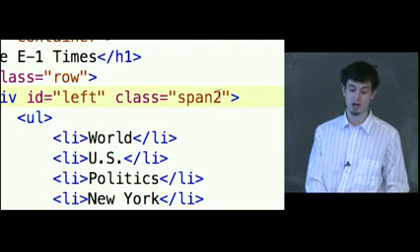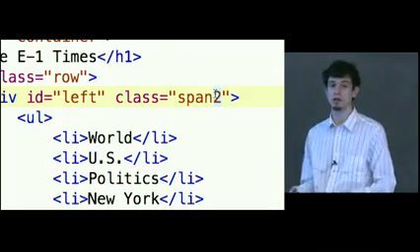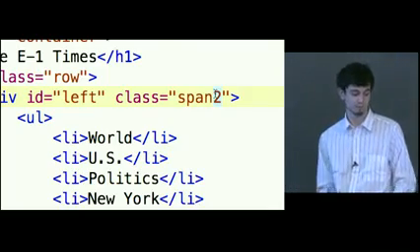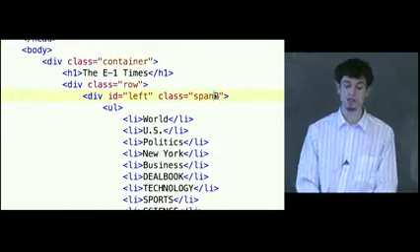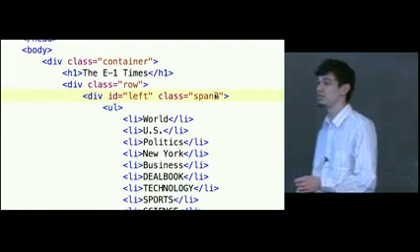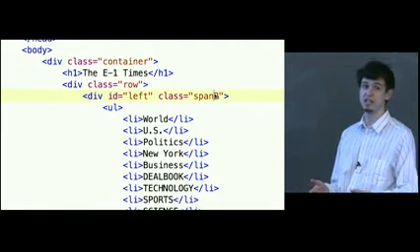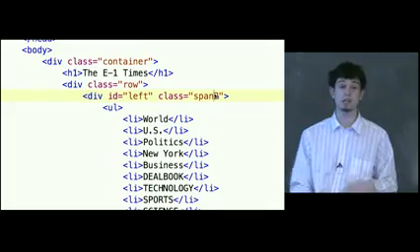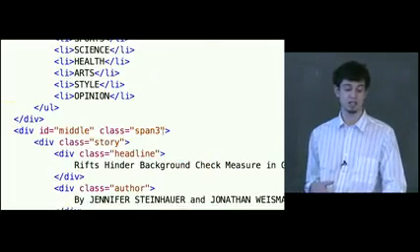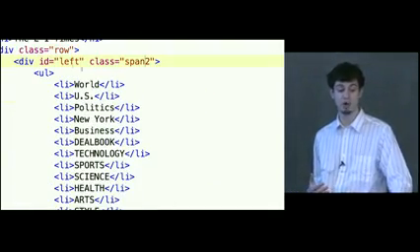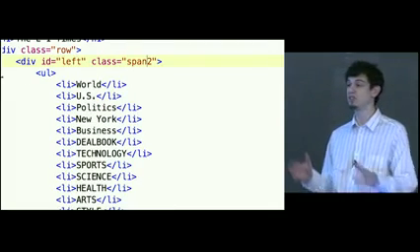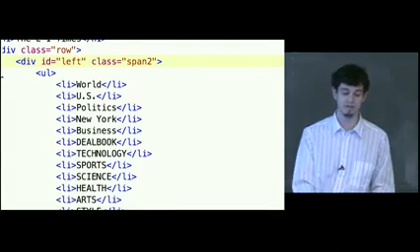So here, my column is 2 blocks. Remember, I have 12 to work with. Now, once I've said everything inside of this div is going to fall into a column that's 2 blocks wide, I can just write my HTML as normal. Here's that list, but because I've put it inside of this div, I'm limiting the size of this to be inside of this column.